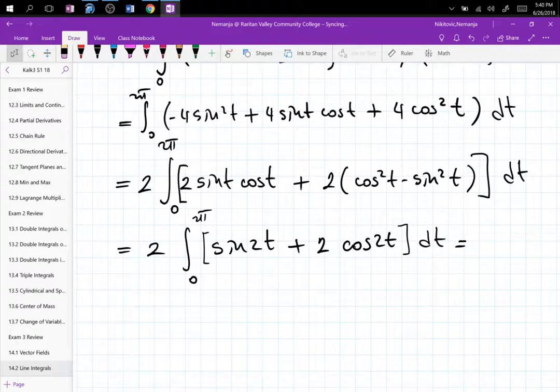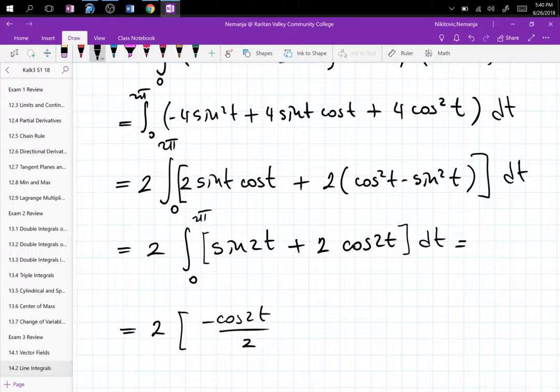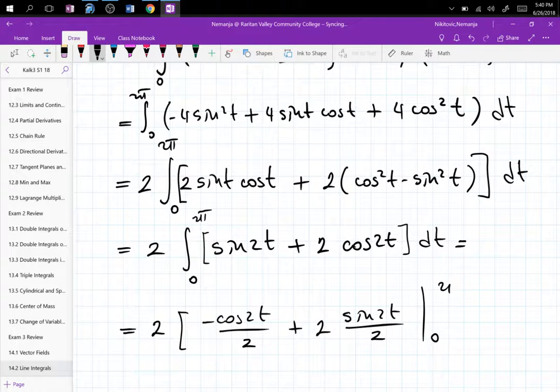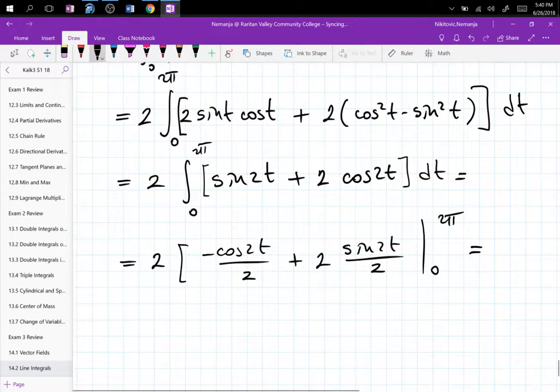So now we are going to integrate these puppies. I have 2 times integral, so now it's integral of sine is negative cosine 2t divided by 2 plus 2 times sine 2t divided by 2 computed from 0 to 2 pi. So now this 2 will kill this 2, this 2 will kill this 2, but then there will be 2 for the other one when you distribute.